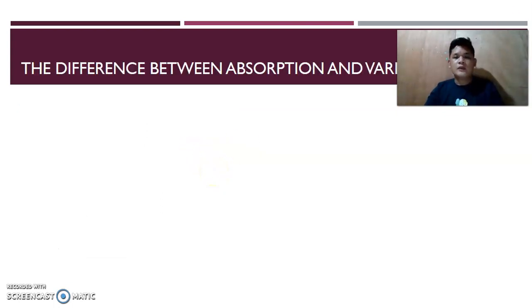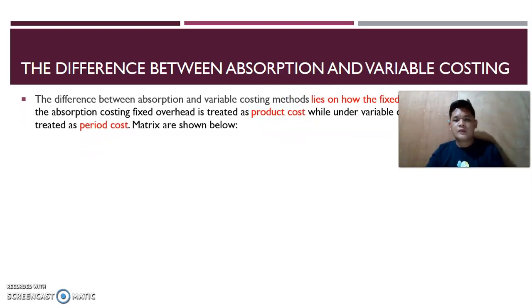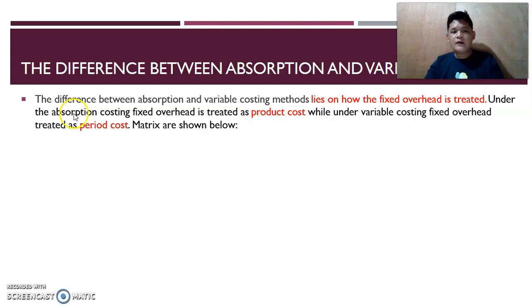So, next, what are the differences between absorption and variable costing? The difference between absorption and variable costing methods lies in how the fixed overhead is treated. So, take note class, sa variable at saka absorption, ito lang yung kanilang pinagkaiba.